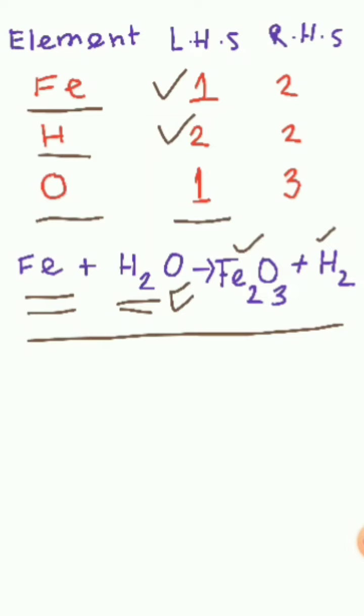On the other hand, we can clearly see that on the right hand side Fe is 2, hydrogen is also 2, and oxygen is 3.